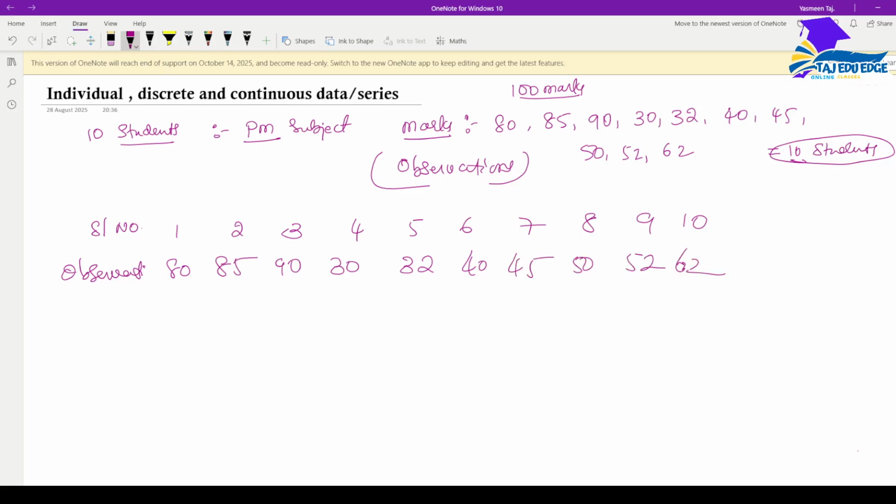We are just writing the data of the 10 students, the marks scored in the subject principles of management out of 100 marks. This is what we call an individual series.